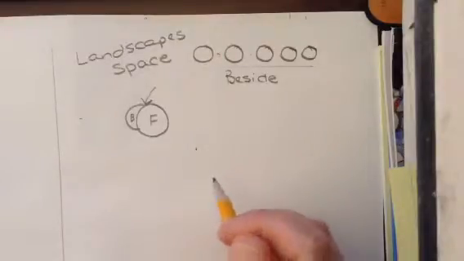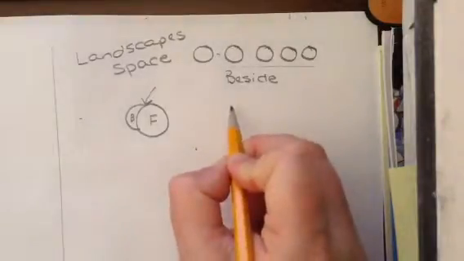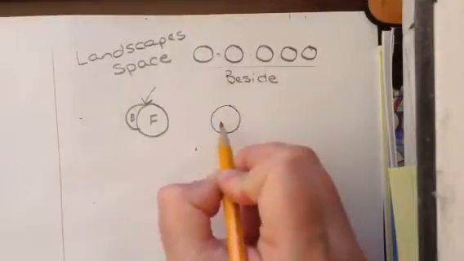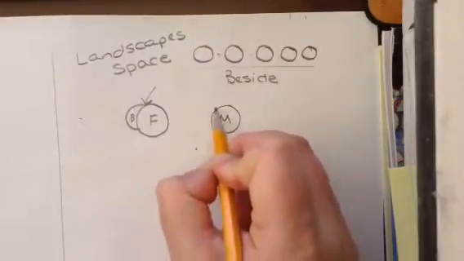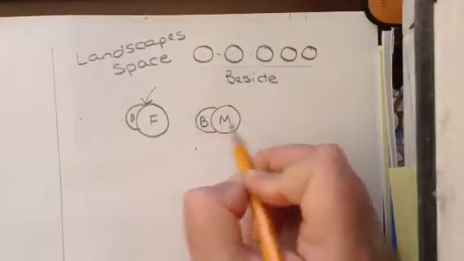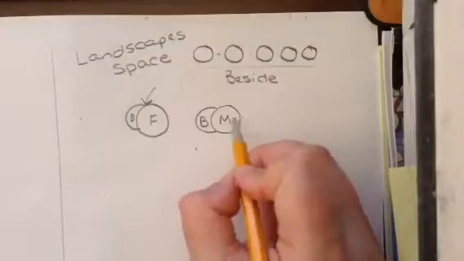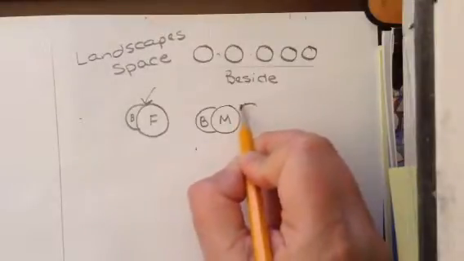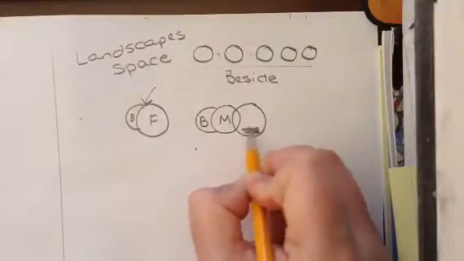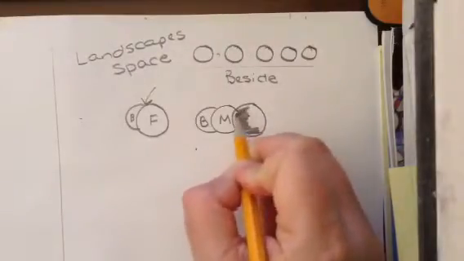Now, when we're overlapping, we can create even more space. This would be the middle. This would be the back. And to make it look as if something is in front of the middle, we would overlap that, and we can shade it in.